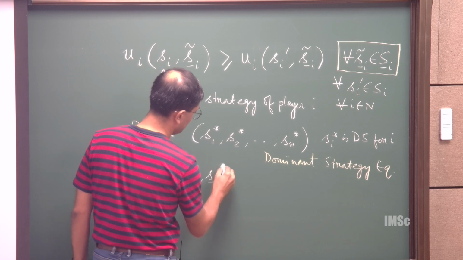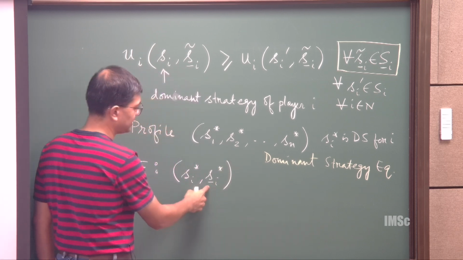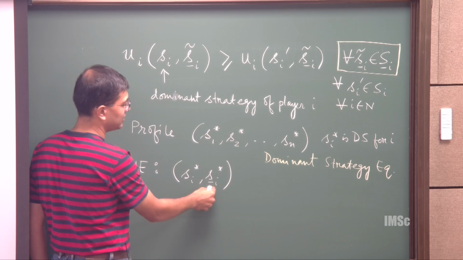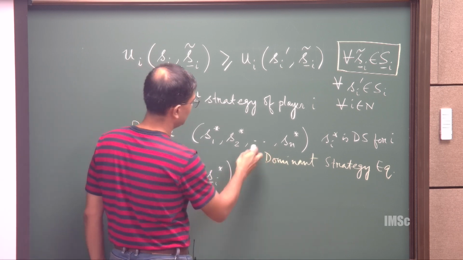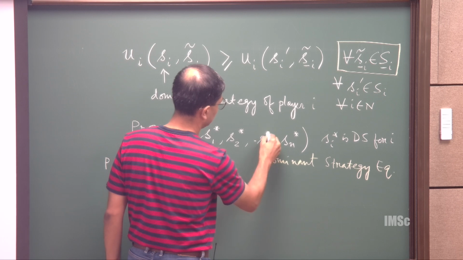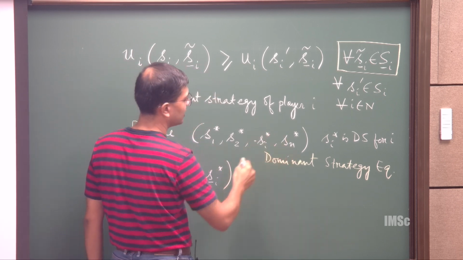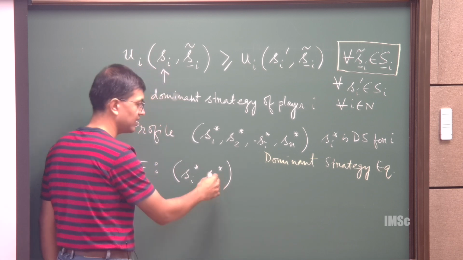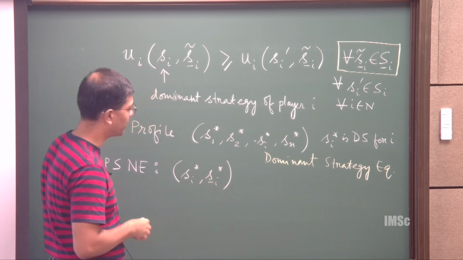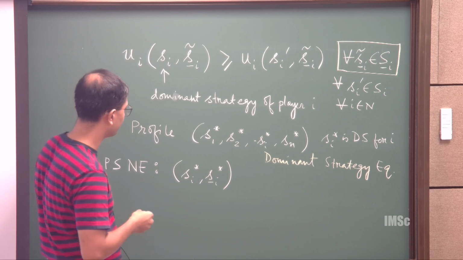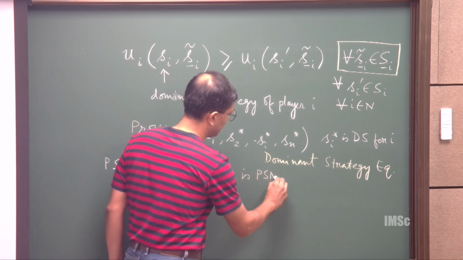S minus I, the notation means the profile of all the players except agent I. If I remove that I star, the rest I'm going to call S minus I star, just to make the notation a little more brief. Okay, so this is pure strategy Nash equilibrium.